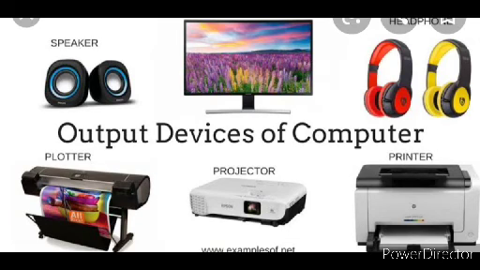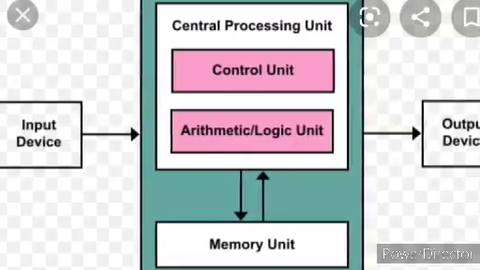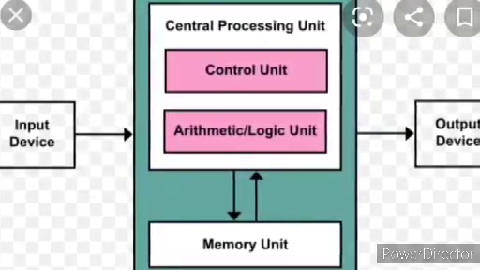So first, the central processing unit has three parts: the memory unit, the arithmetic logic unit, and the control unit. The data enters into the control unit, which controls all parts of the computer. After that, it enters the arithmetic logic unit, which performs the arithmetic.